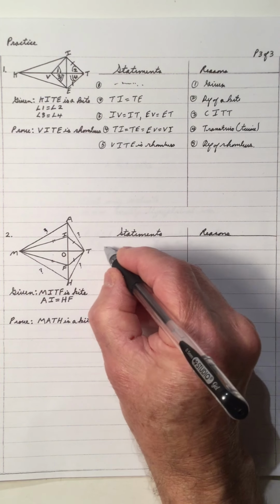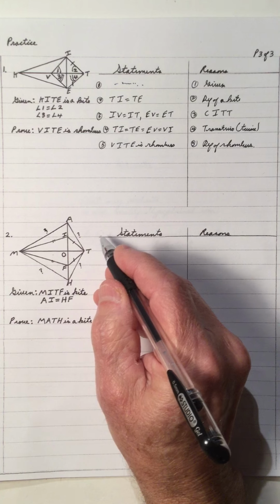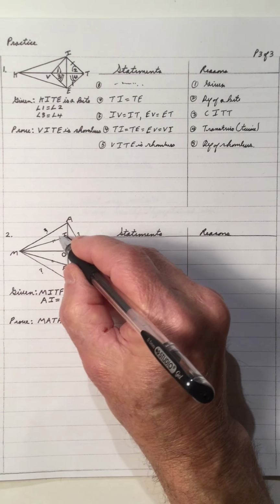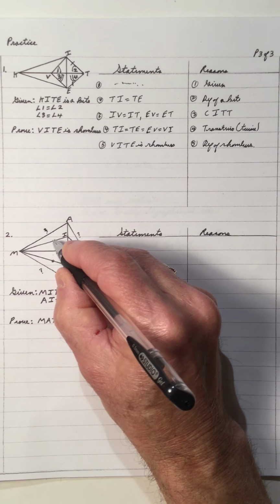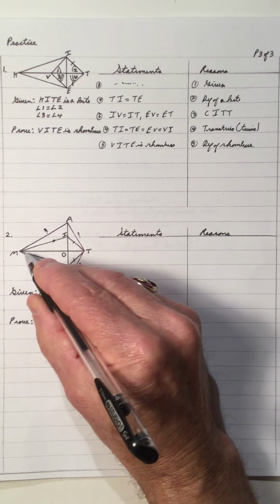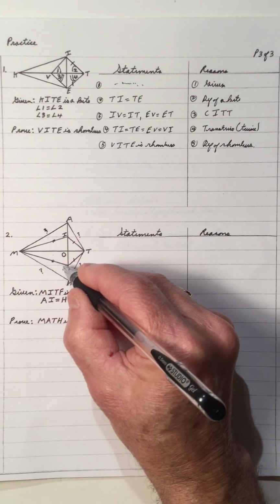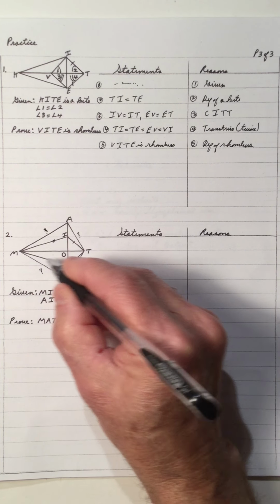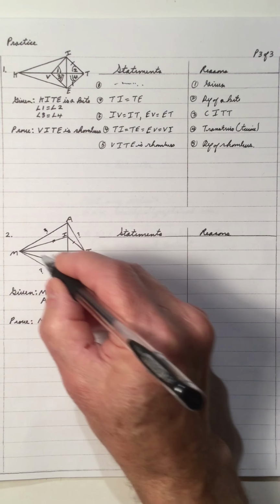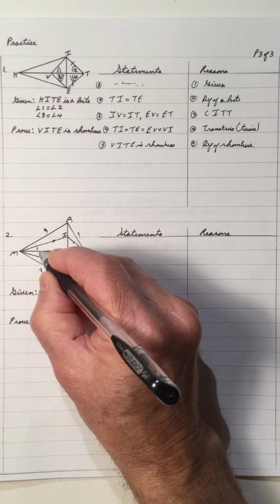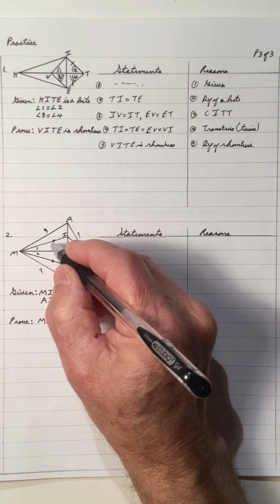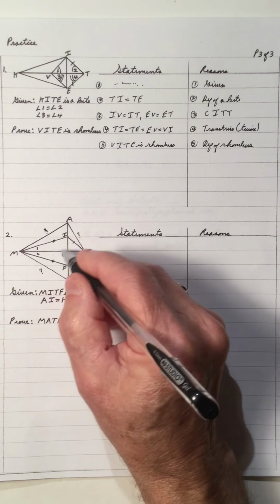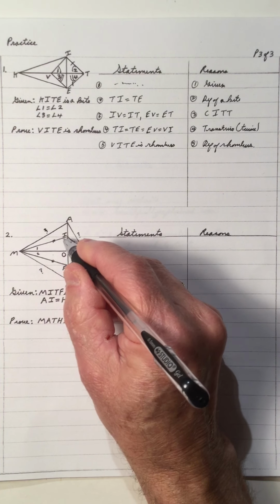So here we go. I'm going to use the kite, and I'm going to say that MI and MF are equal, the definition of a kite, MO equals MO, and I'm going to say that angle 1 is equal to angle 2 because of bisector, so the triangles are congruent.